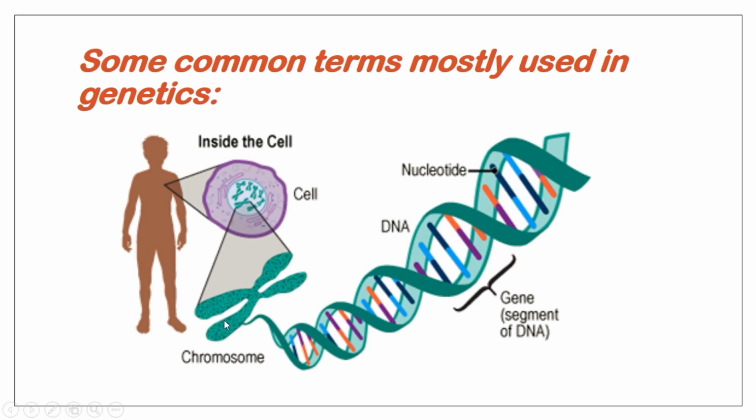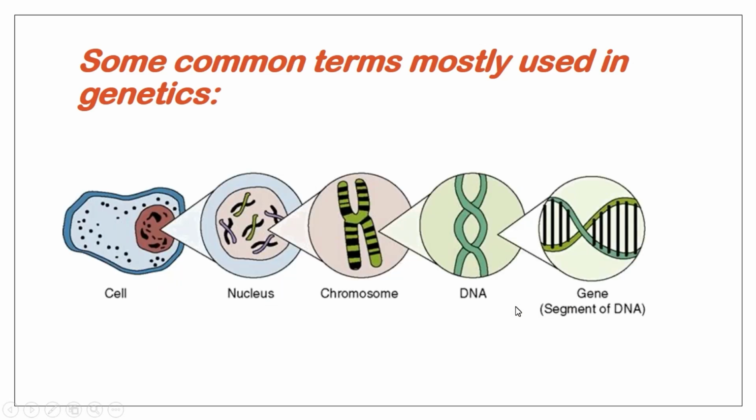If we zoom into the chromosome, we would see structures of DNA. DNAs are made up of nucleotides. And the concept that we have to learn in that part is gene. Each segment of DNA, which is carrying different characteristics, is called a gene.